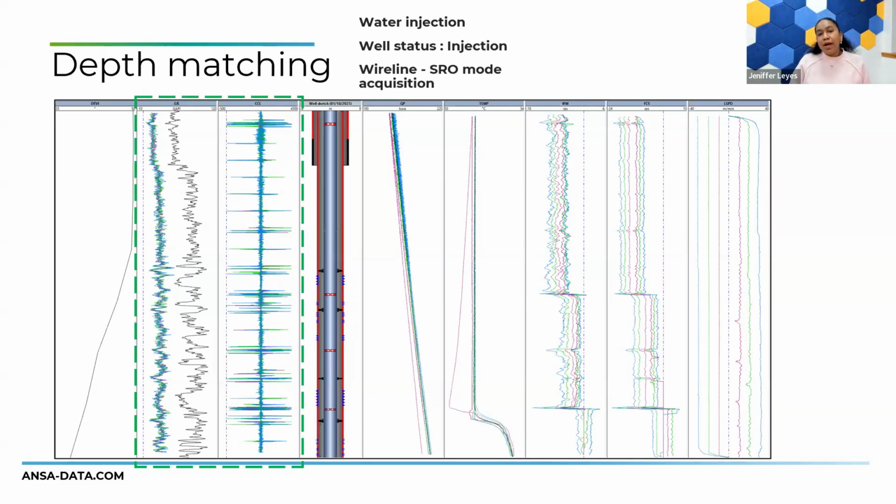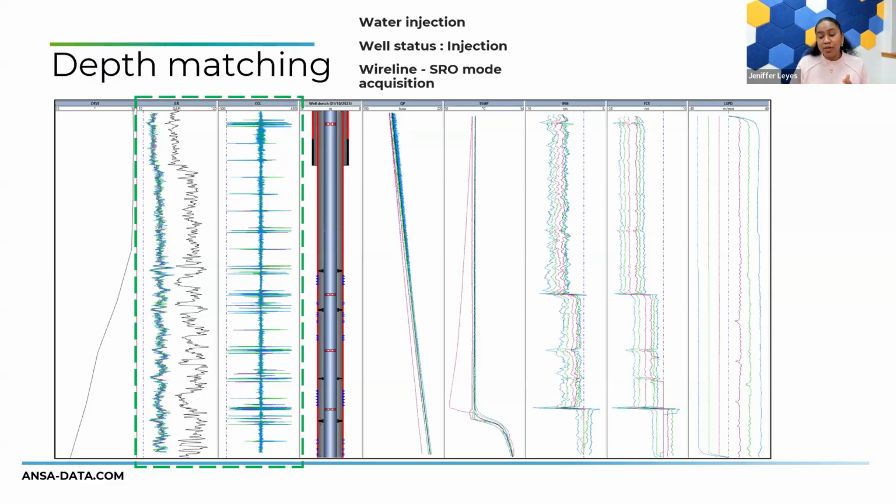Things that we need to look out for when we are doing the QC of the depth matching is making sure that both the gamma rays that we are correcting and the gamma rays that we are using as a reference are showing very definitive features that are matching in both the reference and the gamma rays that you have acquired. One useful thing is, for instance, the pip tags, which are radioactive markers that are in the wells, and they are at a definitive depth.